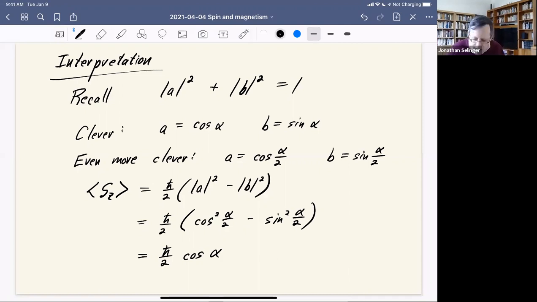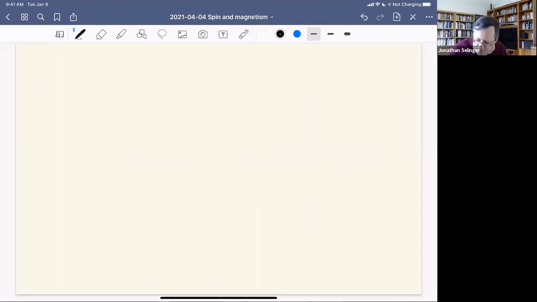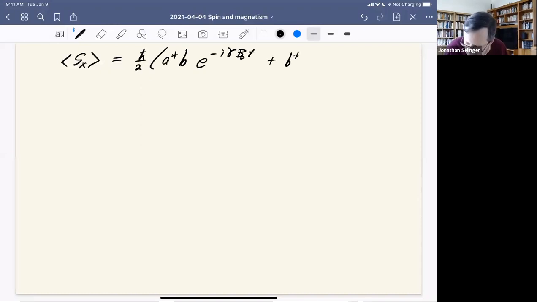Now what about Sx and Sy? For the Sx average, that is h bar over 2 times A star B e to the minus i gamma B naught t plus B star A e to the i gamma B naught t.